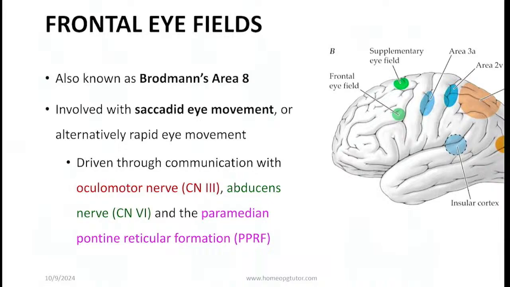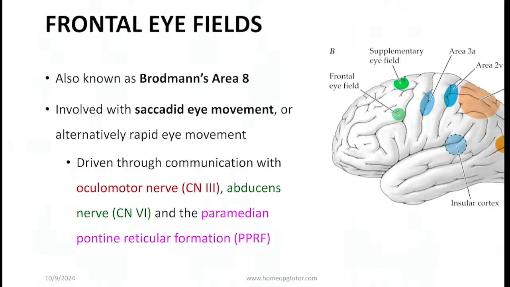The right frontal eye field will send the information to the contralateral side. Then from there the left cranial nerve, the 6th cranial nerve, will take it off, and as I was mentioning, through the pontine reticular formation they are going to cross again to the right, to cranial nerve 3.